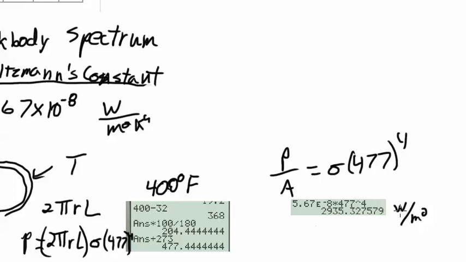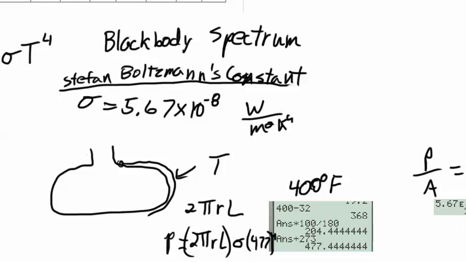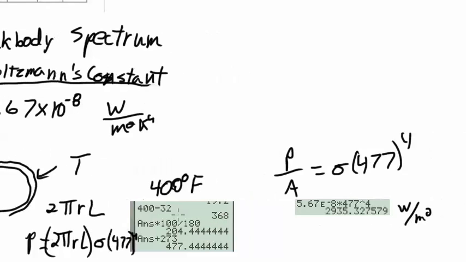In order to find out how much power we really need, we've got to multiply that by the surface area of the material, which is 2 pi RL. We could measure the radius or the diameter and the length of the heating element and find out how much power it took and how much resistance would be needed, which is V squared over the power that is required.